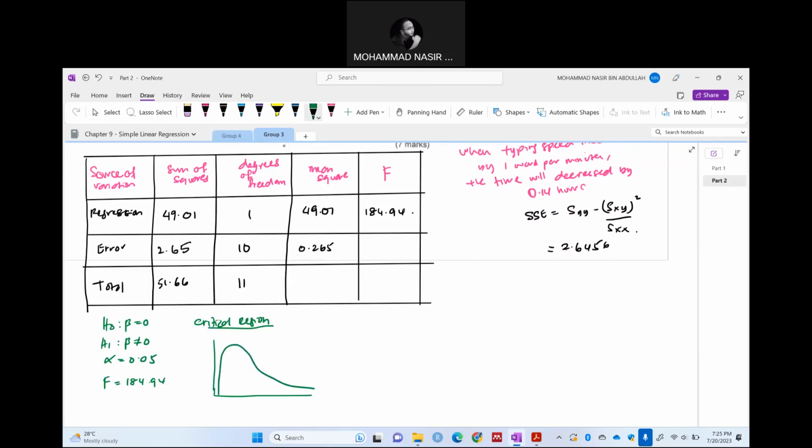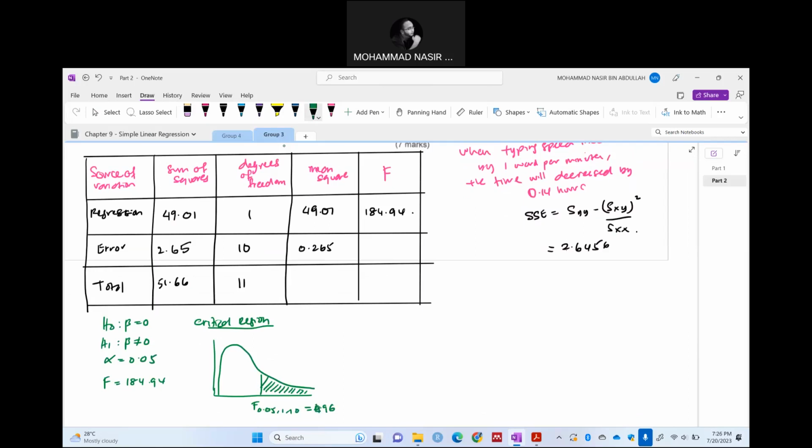So what is the value for the critical region? 4.96. Right.